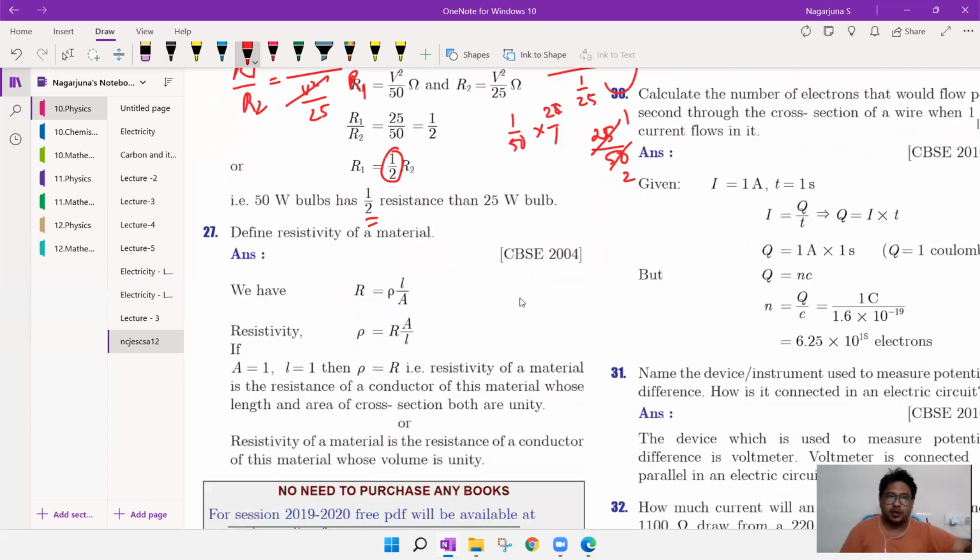Next, in 2004, one question they asked: define resistivity. So the resistivity of a material is the resistance of a conductor of this material whose volume is unity.